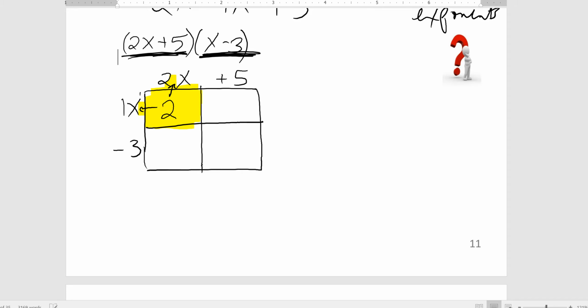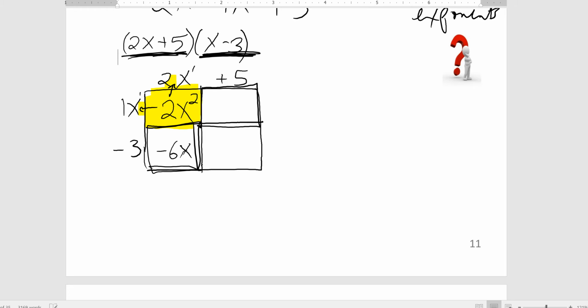And again, when there's nothing there, it's a 1. 1 and 1 makes an exponent of 2. Okay, for the next square, again, you look above to the 2x and to the left to the negative 3. 2 times negative 3 is negative 6, and we don't have anything to multiply that x by, so we just bring it along.